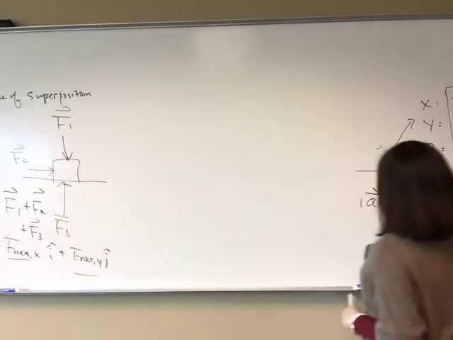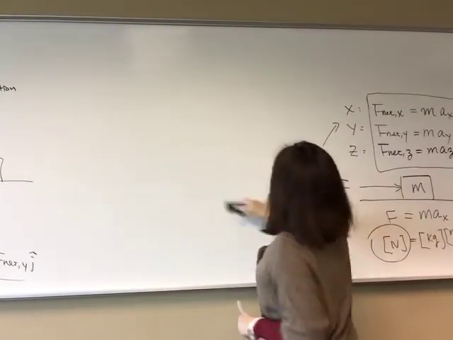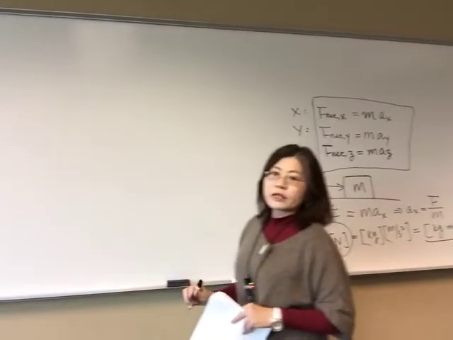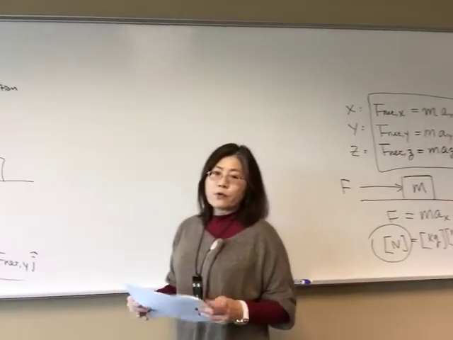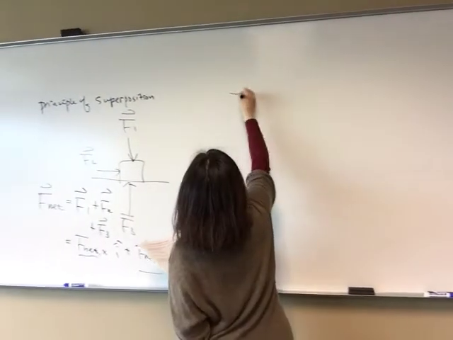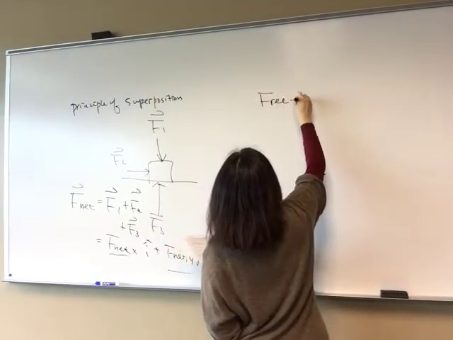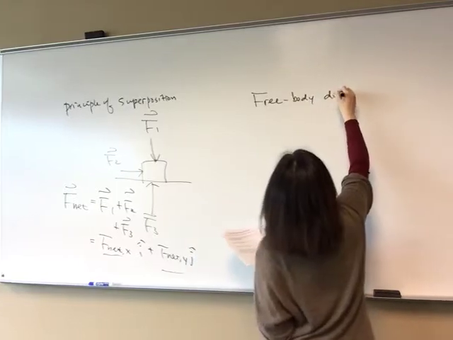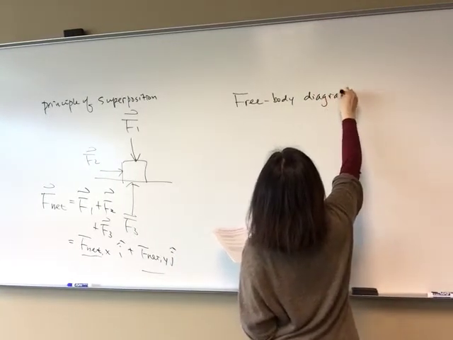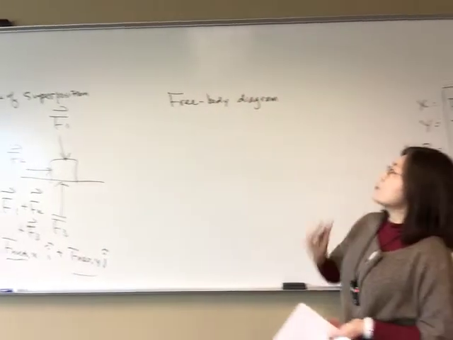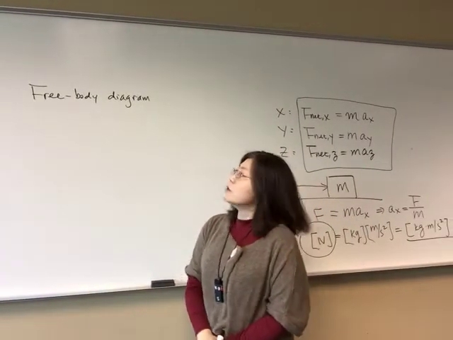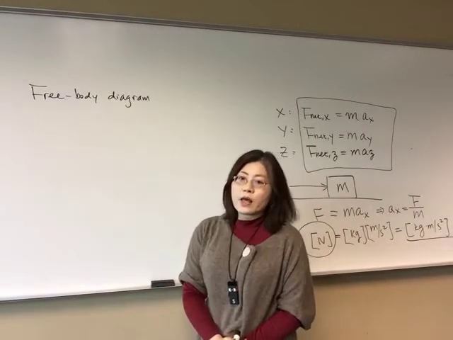It's very important, so you want to make sure you know how to draw a free body diagram for the object that you're summing the forces for. And then once you have the free body diagram drawn, you need to know how to set up the equation according to the free body diagram.